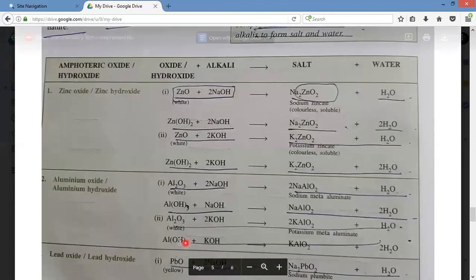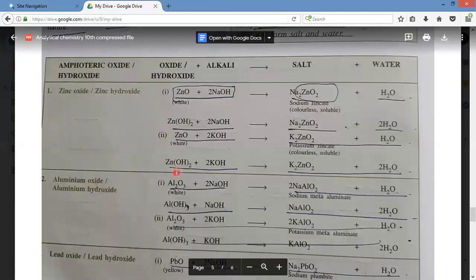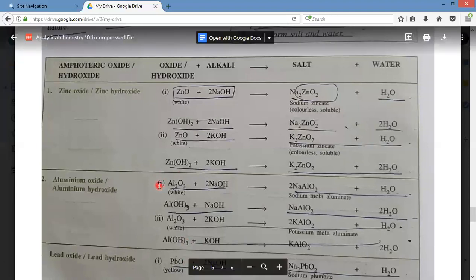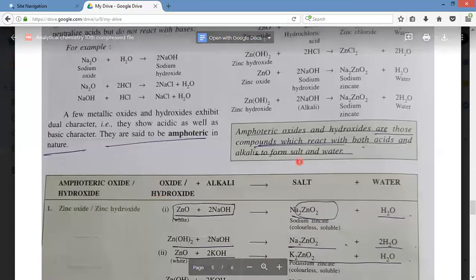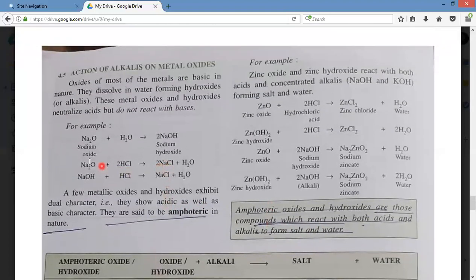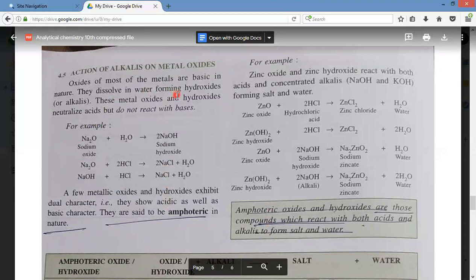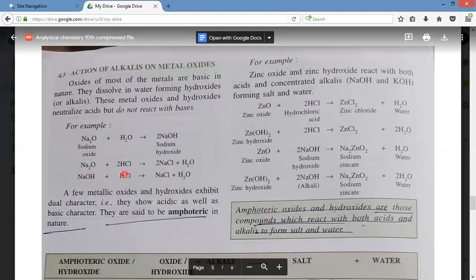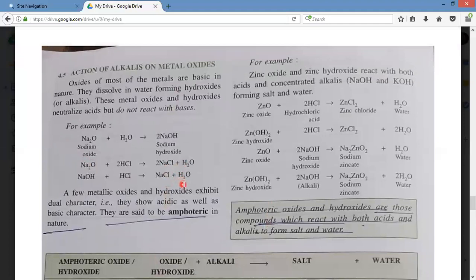Means that here some of the oxides and hydroxides can react with both the acid and base. They are showing the dual character and are known as amphoteric oxides and hydroxides. On the other hand, mostly the oxides of metal treat with water and form a hydroxide, and oxide can treat with acid to form salt and water, but they can't react with the bases.